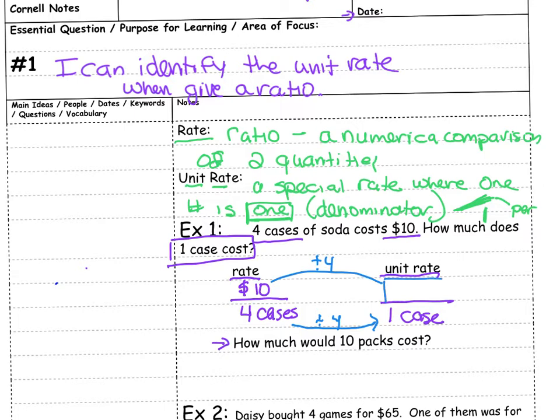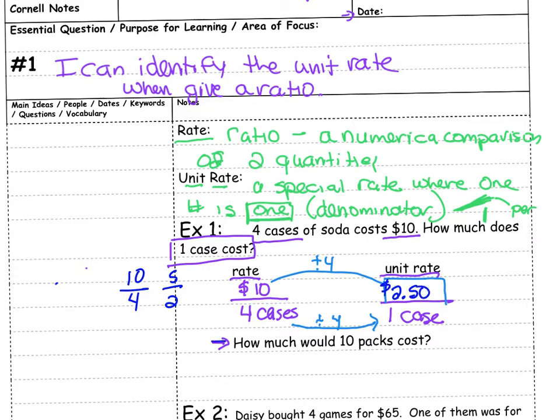So you can use a calculator, but you can also do this over the side or just take 10 over 4 and simplify. That's 5 over 2, and 1/2 of 5 is $2.50. So $2.50 for 1 case.